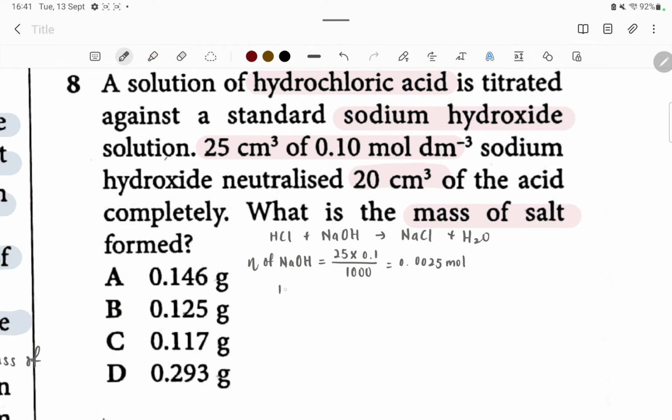And then we know that when we do the mole ratio, it should be the same, because 1 mole of NaOH will produce 1 mole of NaCl, meaning the salt. So when the number of moles is 0.0025, the number of moles also should be the same for NaCl.